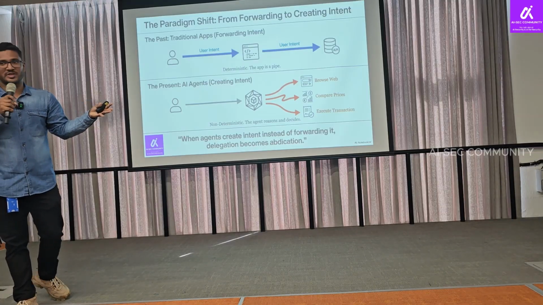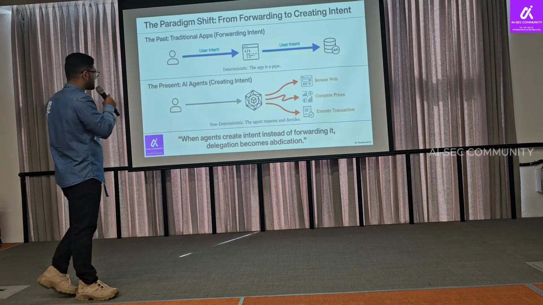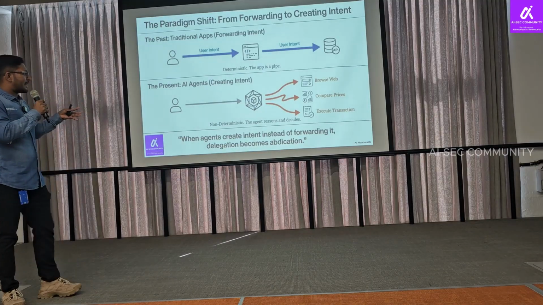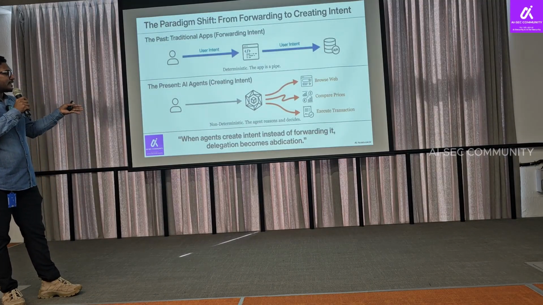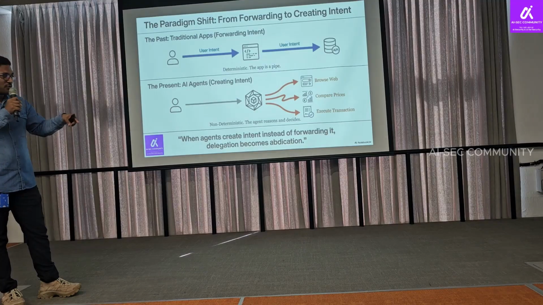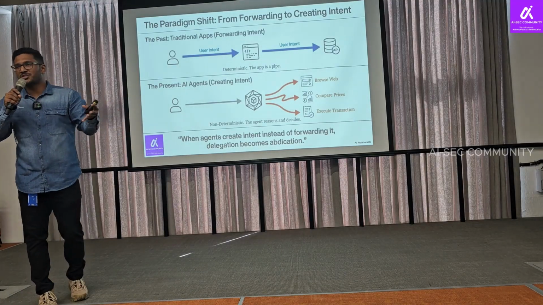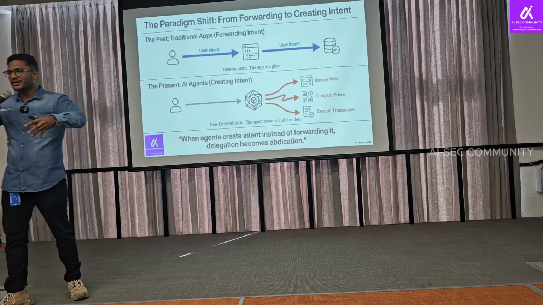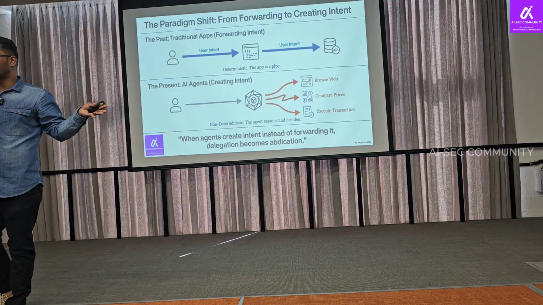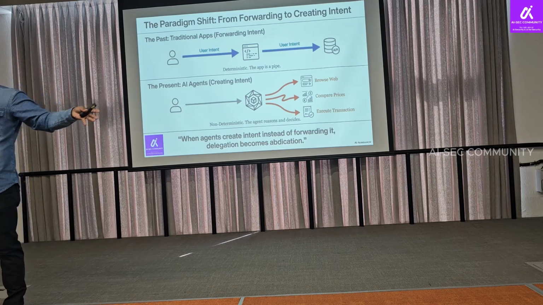So that is the problem over here. And that is a paradigm shift that I want to stress upon, that when agents create intent instead of forwarding it, delegation becomes abdication. Abdication is basically, you're delegating a task, but you're throwing away all your authority to your agent, right? You have no control over it.